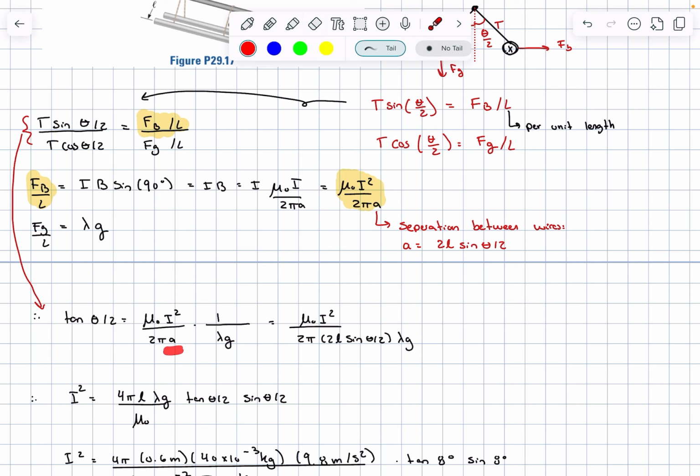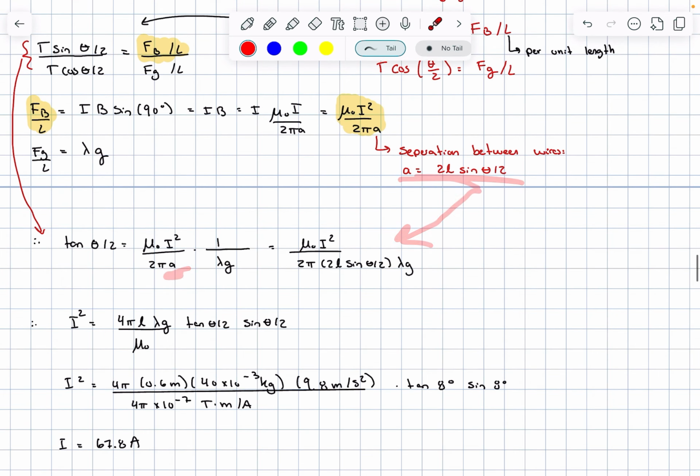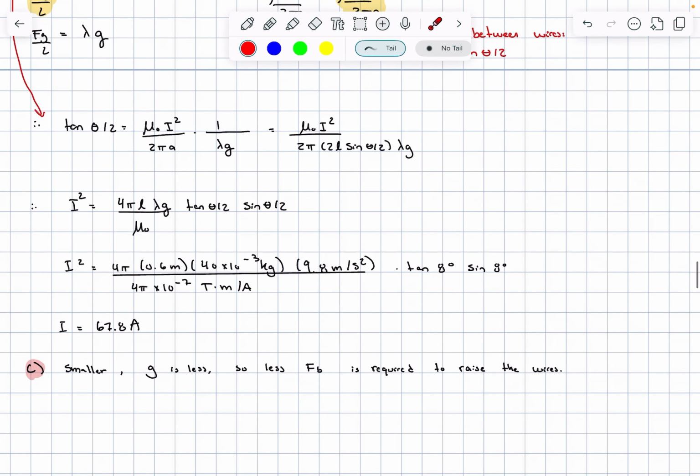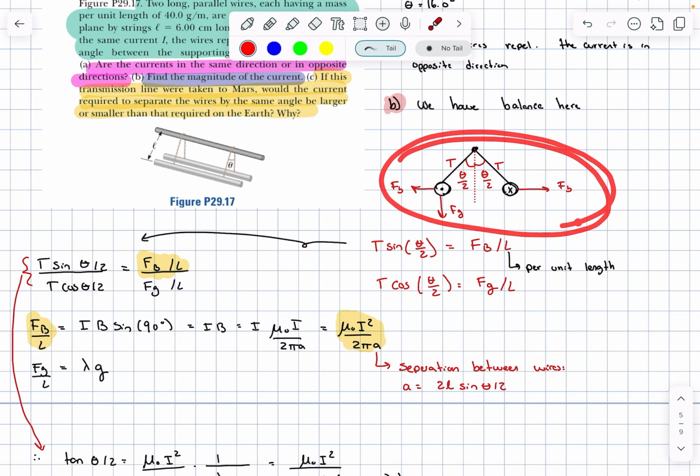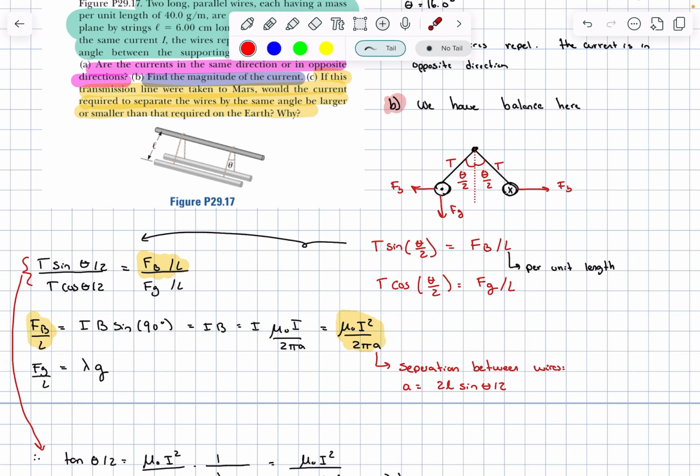Plug everything in, given the fact that this is A, and we get this. All we do now is isolate for I, because that's what we care about. What is the current for this all to balance out? We plug in all the numbers, and we get I is equal to 67.8 amps. That is the current required to balance out this system like so.